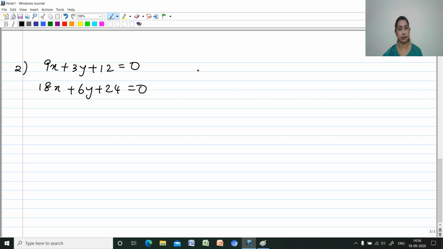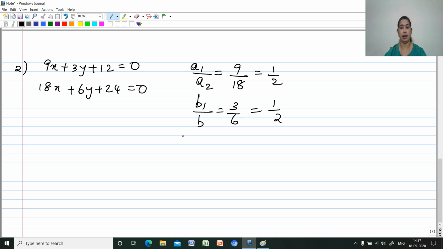The second question is 9x plus 3y plus 12 equal to 0, and 18x plus 6y plus 24 equal to 0. We'll compare the coefficients of x and y. A1 by A2 is equal to 9 by 18, which is the same as 1 by 2. B1 by B2 is equal to 3 by 6, again equal to 1 by 2. And C1 by C2 is equal to 12 by 24, again equal to 1 by 2.